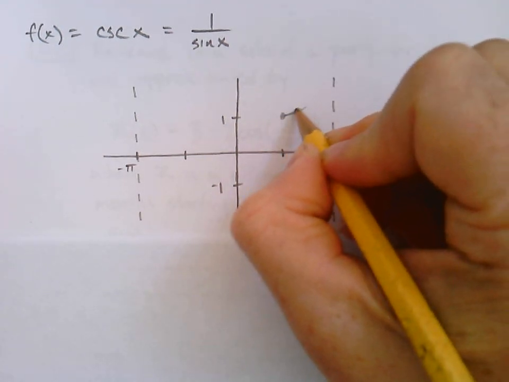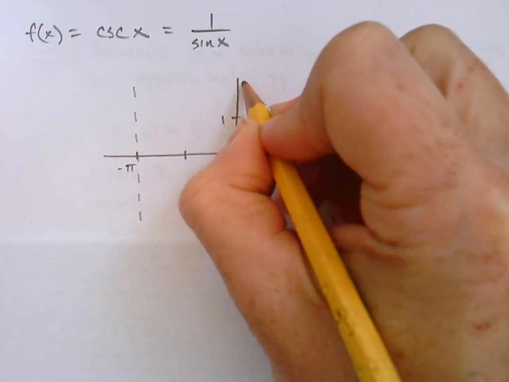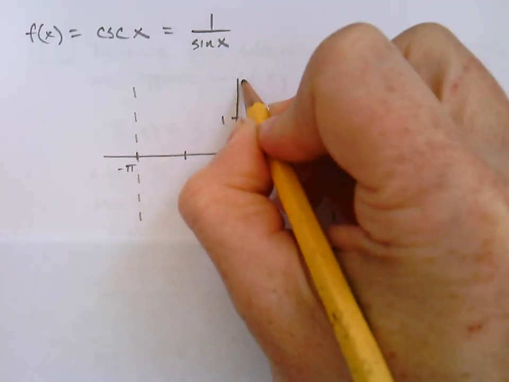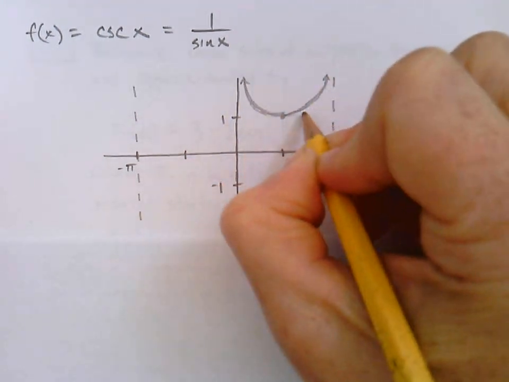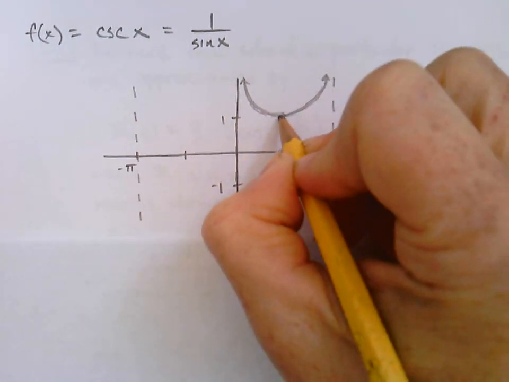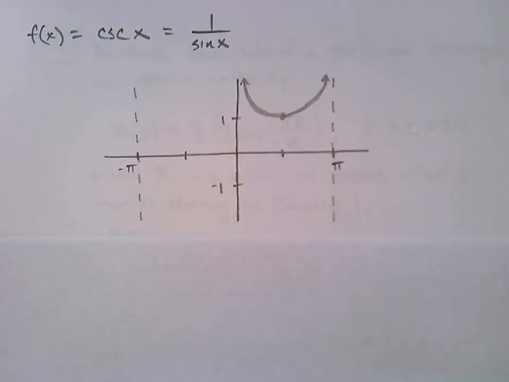It's going to curve upwards towards our asymptotes, upwards in both directions. So it's got that sort of a shape. It almost feels like a parabola, but it's definitely not a parabola because it does not extend outwards infinitely far. It just goes right up.